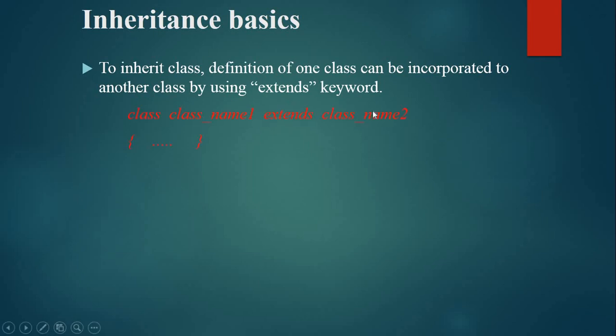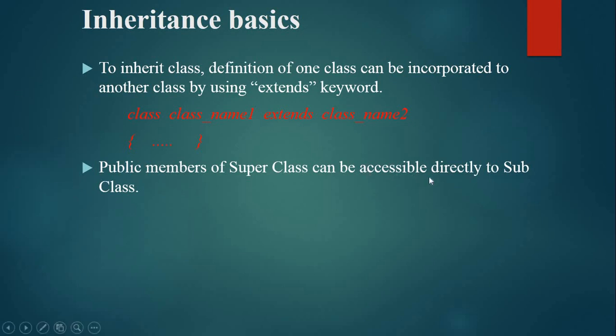So this is the syntax: class name 1 extends class name 2. Class name 1 will be the derived class and class name 2 will be the base class, or we can say superclass. Subclass extends superclass. That is the syntax of inheritance.